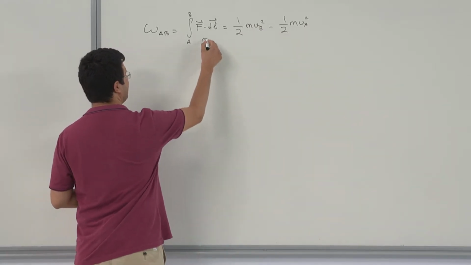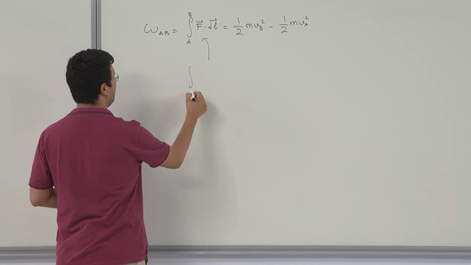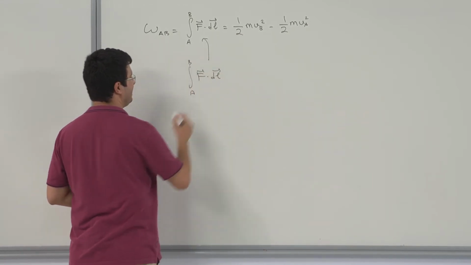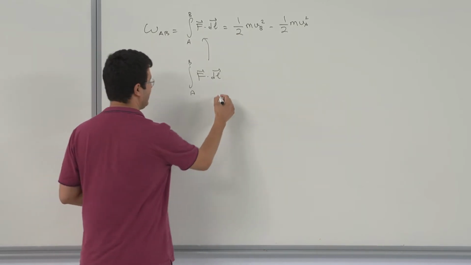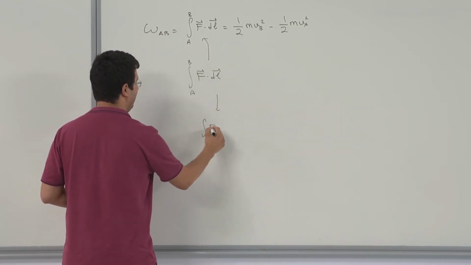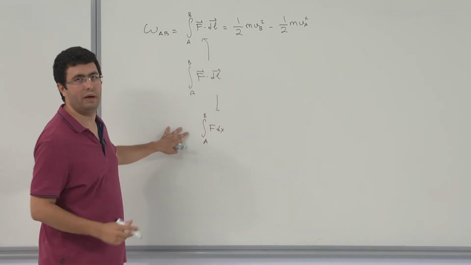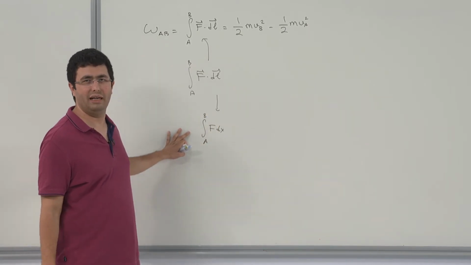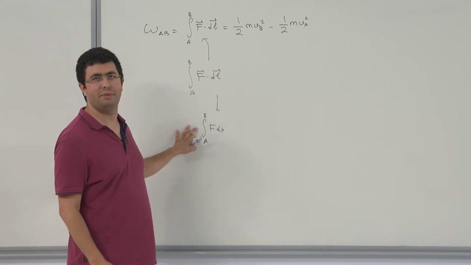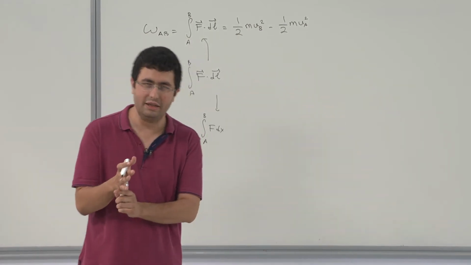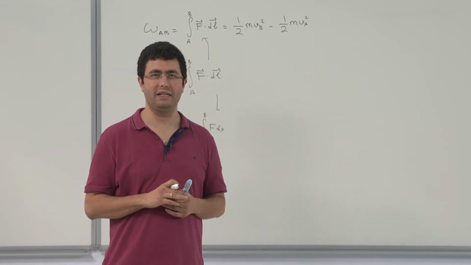But this side, I have an integral from a to b of F dot dl, or, for simplicity, let's consider just a one-dimensional case, which is to say I have the integral of F dx from a to b. The question I have in mind is whether this integral can also be given independent of the details of the system, so just the initial configuration and the final configuration.